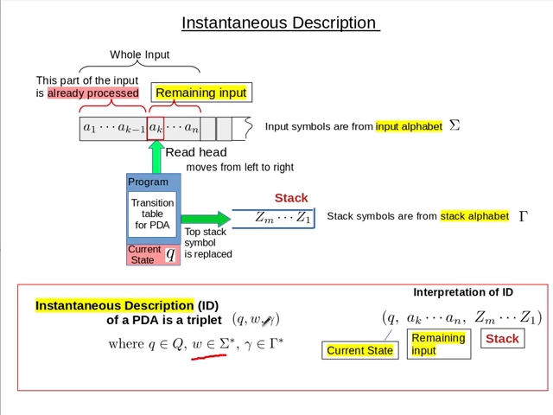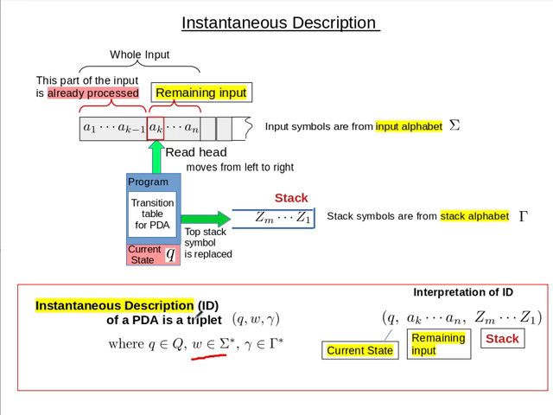Now when we formally define this, we just define it as a triplet. We do not impose the interpretation as part of the definition of ID. So this can be any triplet where Q is coming from here, W is coming from here, and gamma is coming from here. Any triplet that you can form using Q, sigma, and gamma is an ID.